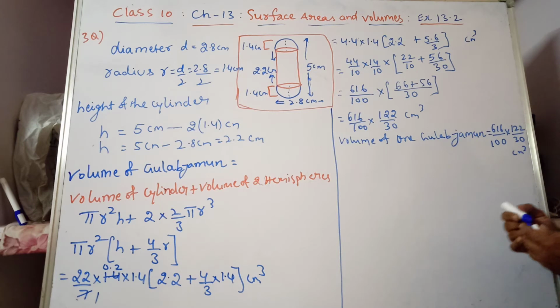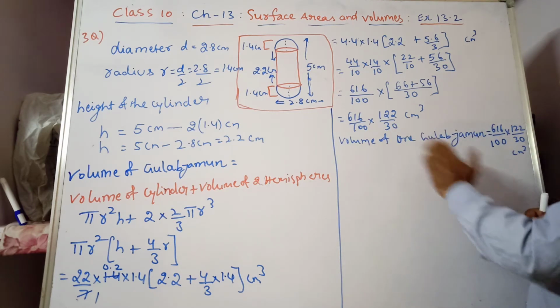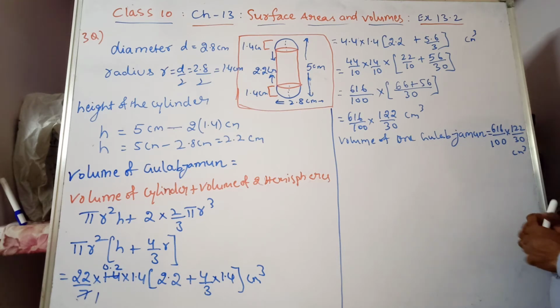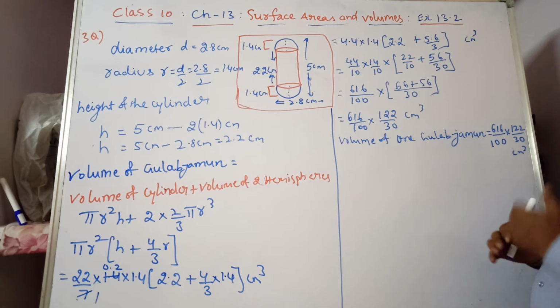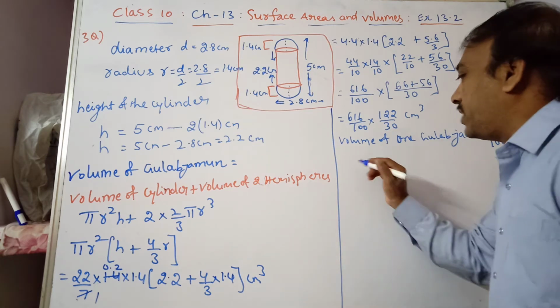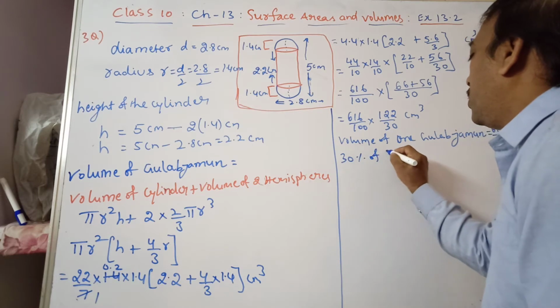You see here, I did not simplify, as further calculation is still there, so that the terms may get cancelled. Now, how much sugar syrup is there in each one? 30% of the volume is sugar syrup.